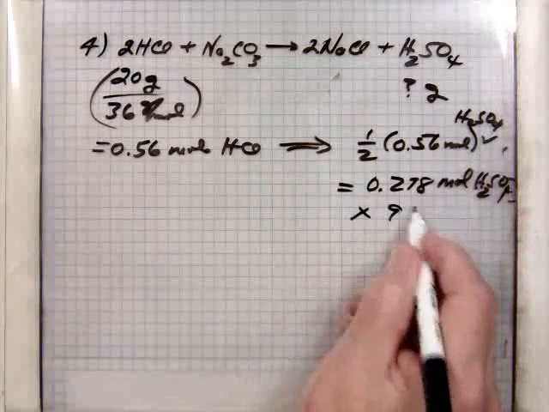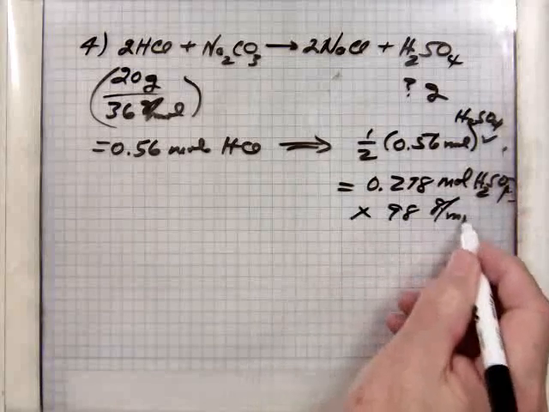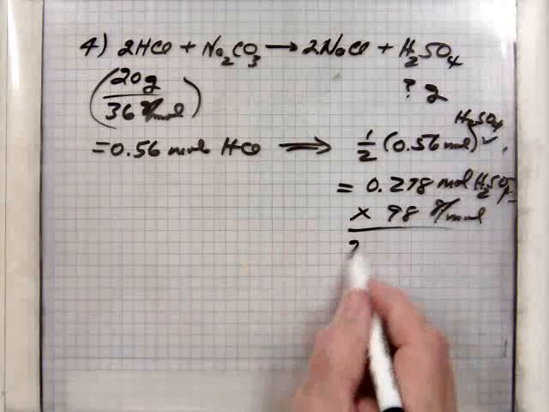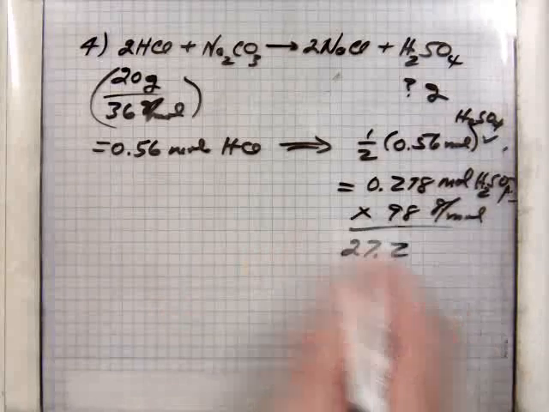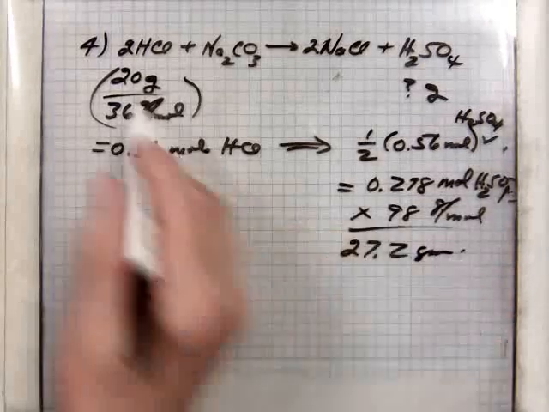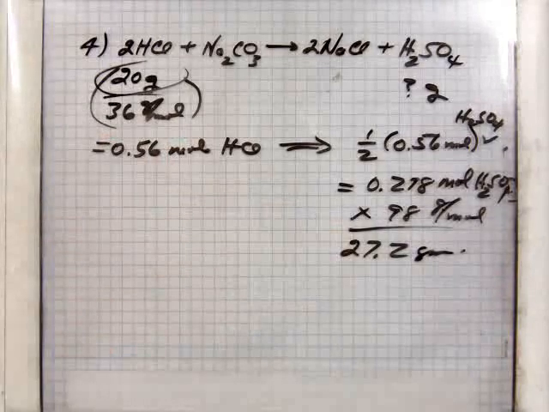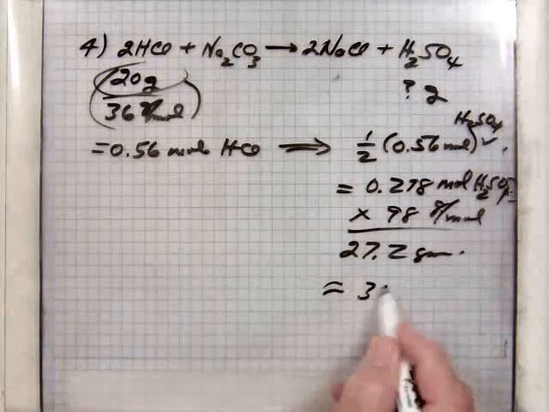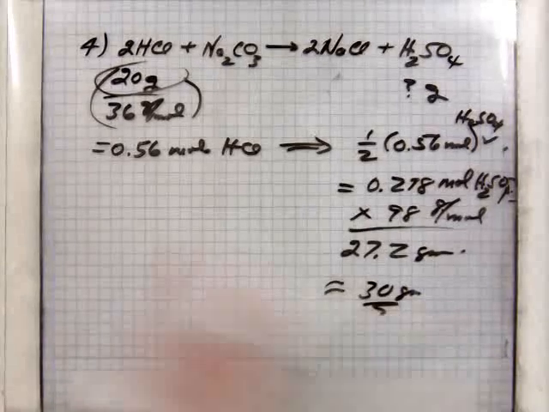And that's 98 grams per mole. I just happen to know that one. And that's 27.2 grams absolute. Here's a case where you only have one sig fig in the data. So this would round to 30 grams. That's where they get that.